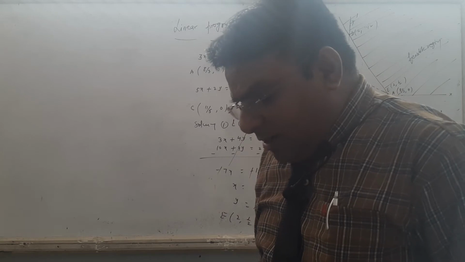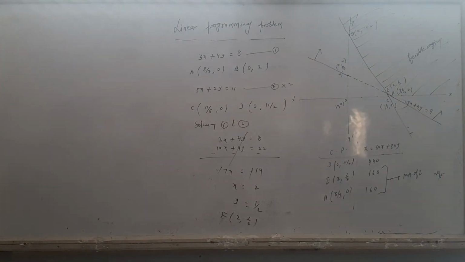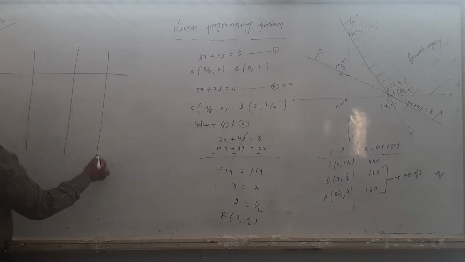So in maximum 80 to 90% of questions, to make the equation, the first thing is to write the table. Then exercise 12.2, question number 1. Write the table. Table के कोई marks नहीं, but table से आपकी equation accurate बनेगी.